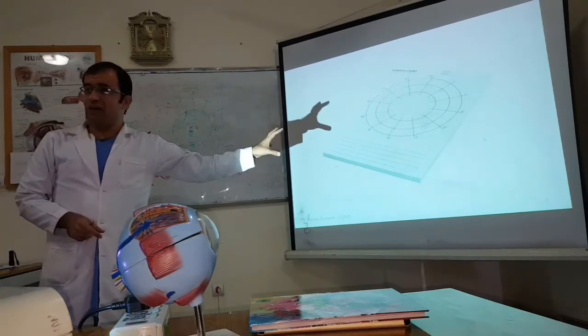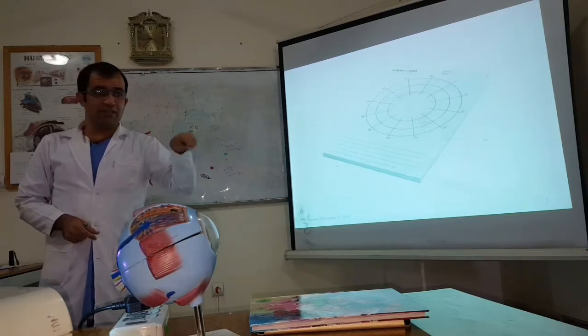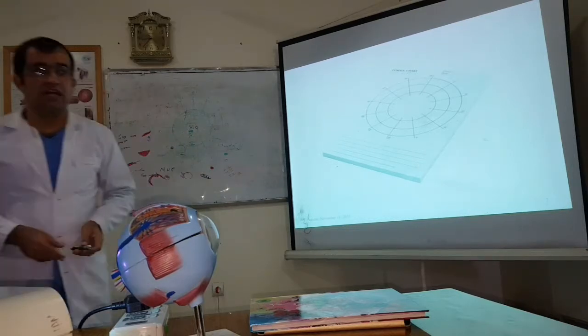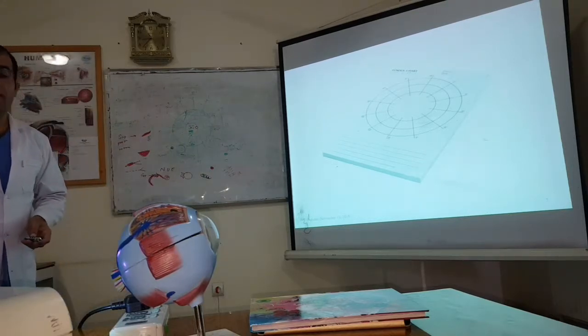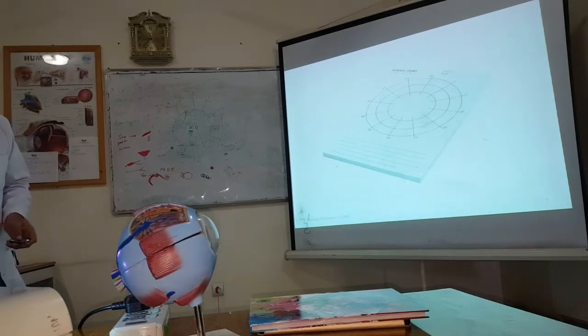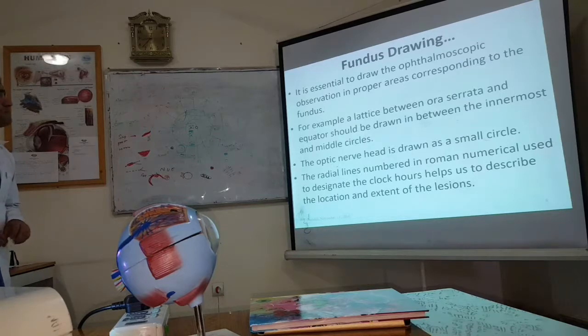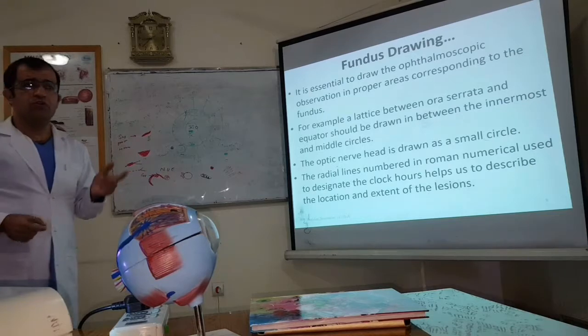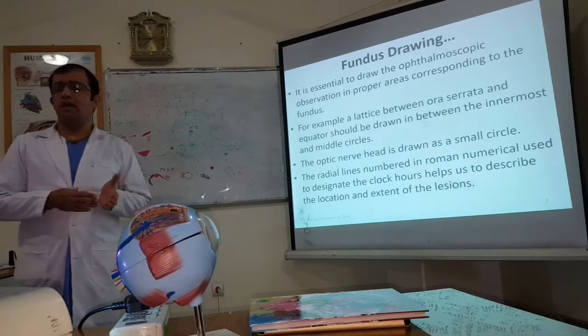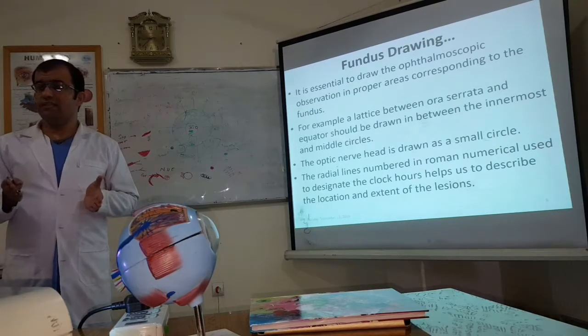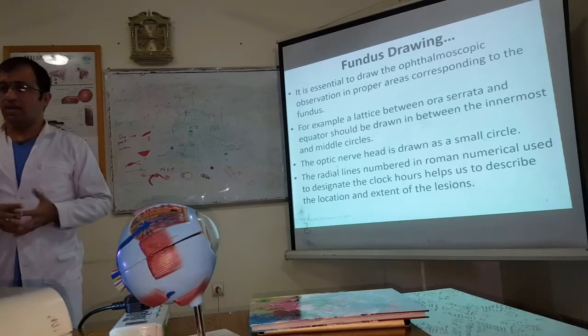In the paper we have it, but during funduscopy, how do we understand the exact location of the equator? I'm going to talk about it in detail. And also, as I mentioned before, it is essential to draw the ophthalmoscopic observation in the proper areas. It means if the lesion is between the equator and the ora serrata, where do you draw that?